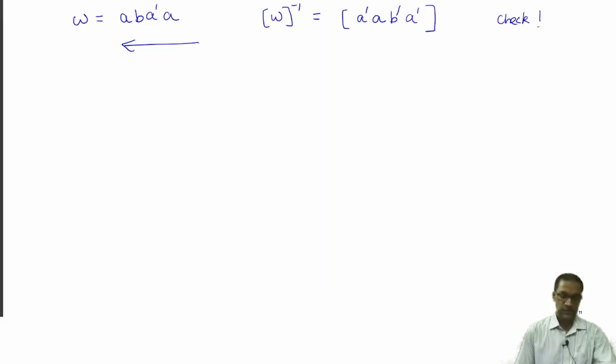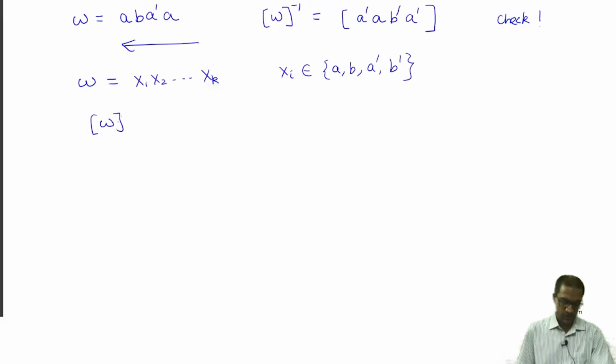Okay, and it's easy to write a general prescription as well if you wish: if W is a word which looks like x1, x2, up to xk, each xi is a letter, it's either A, B, A dash or B dash, then the inverse of W is just given by the equivalence class of, well, read it in reverse, so yk, down to y1, where each yi is just the dash of xi.